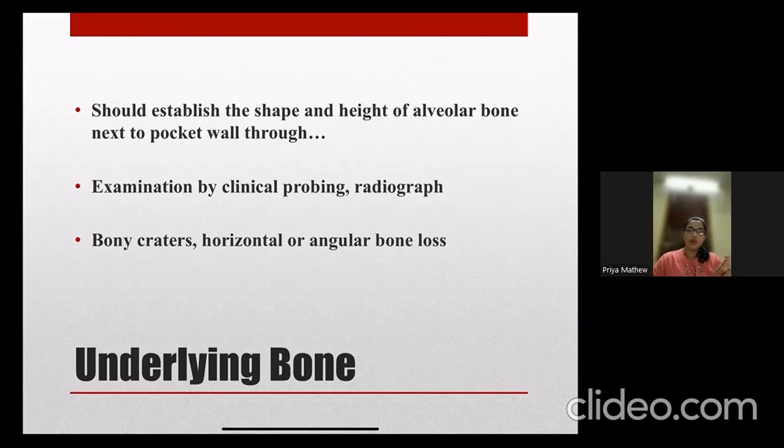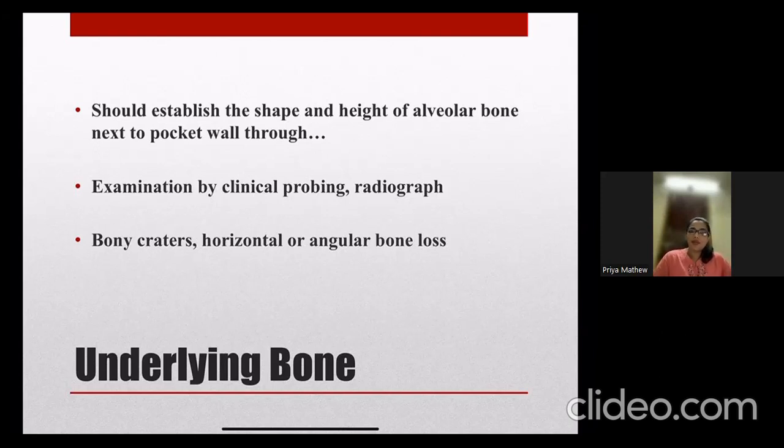To aid clinical probing, we have transgingival sounding, which helps in determining the bone height and any intra-bony defects. Through radiographs we can assess bony craters, and longitudinal, horizontal or angular bone loss.